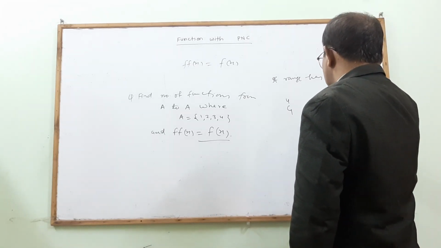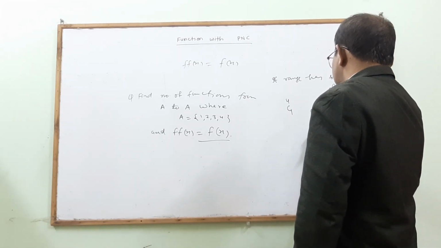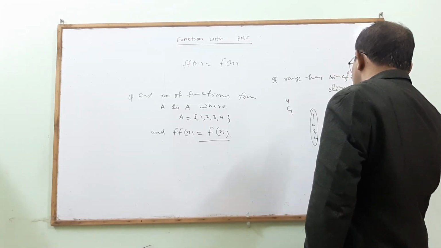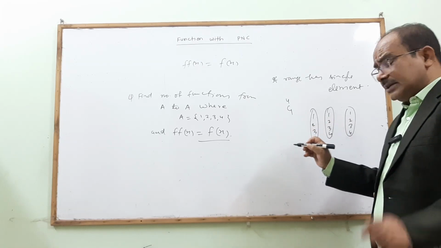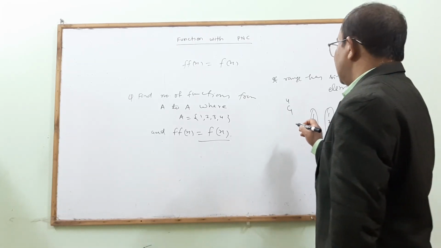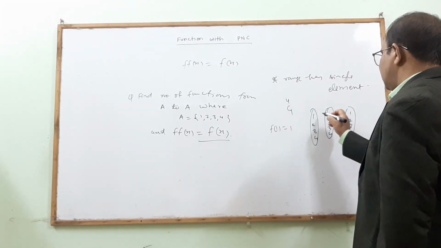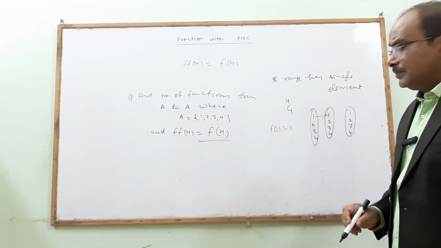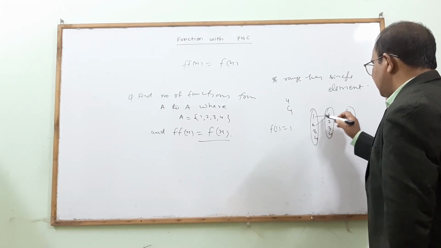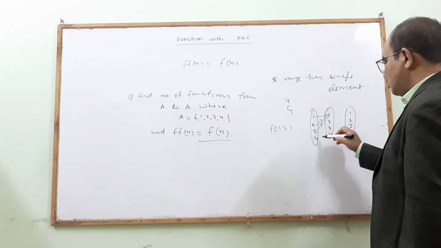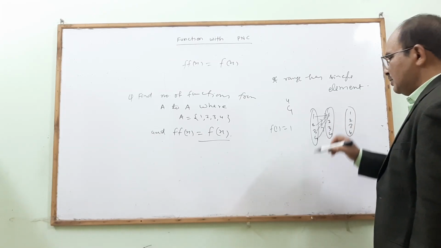Let us see 1 2 3 4, 1 2 3 4. If the selected element is 1 and we write f(1) is equal to 1, then the other elements will each be mapped to 1.